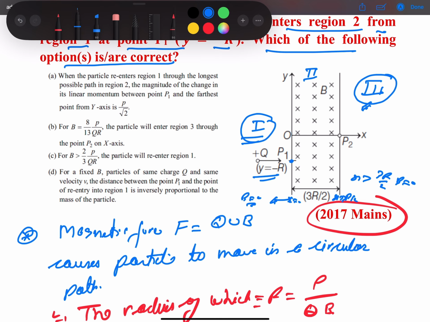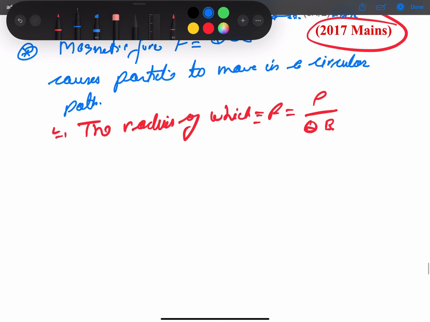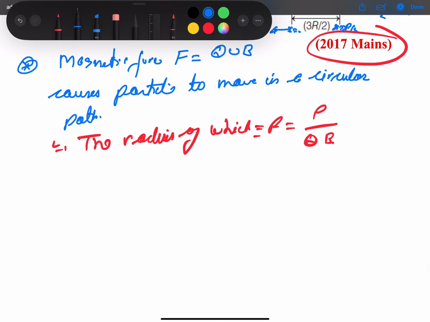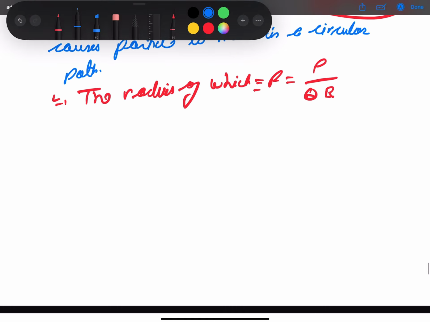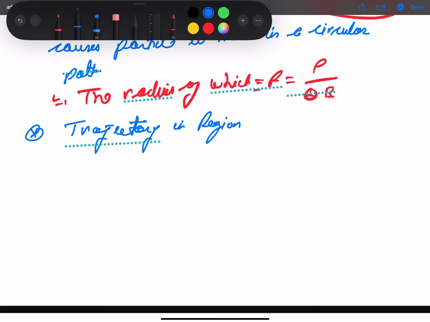So let us find out what will be the trajectory of the particle, or charge, in region 2.